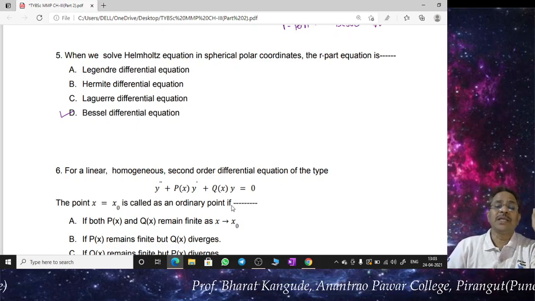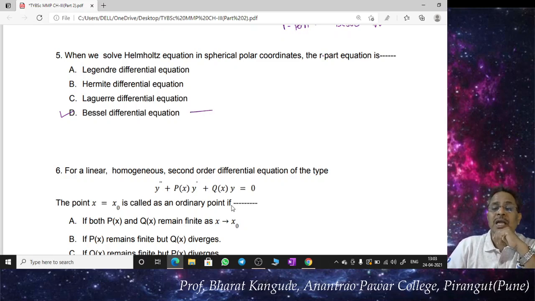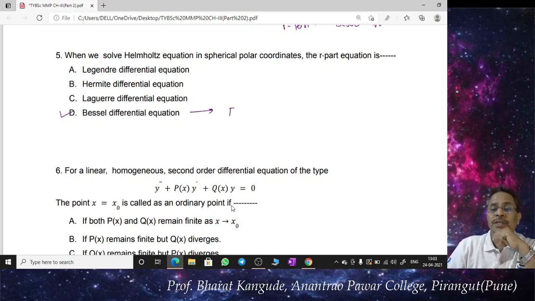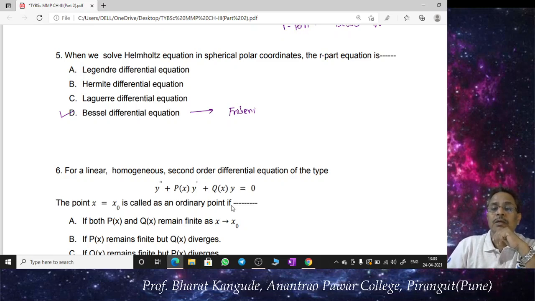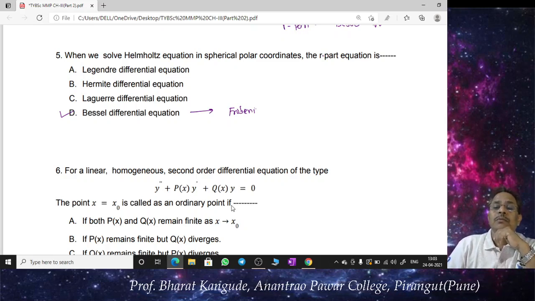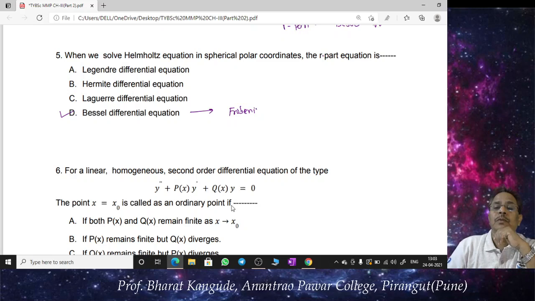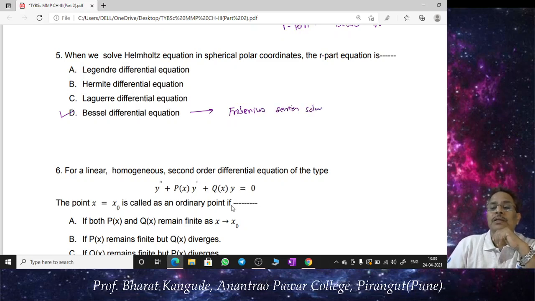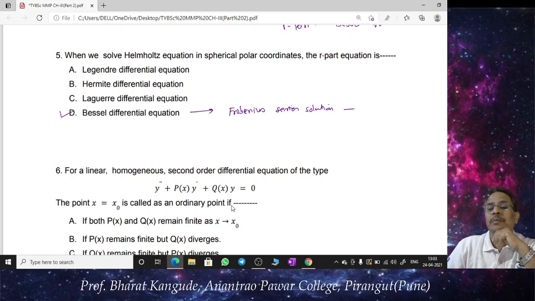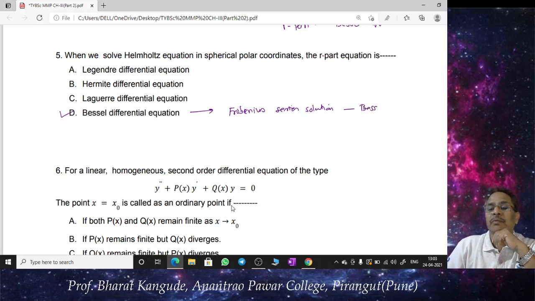That equation is called the Bessel differential equation, and when I further use the Frobenius series solution method here, then we get what is called the Bessel function.